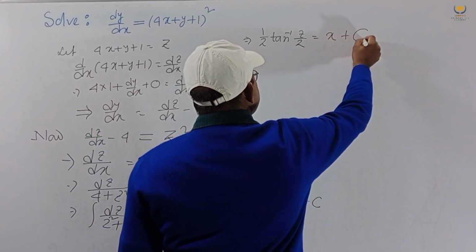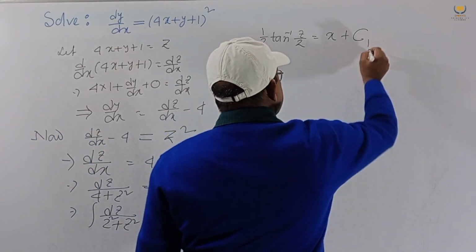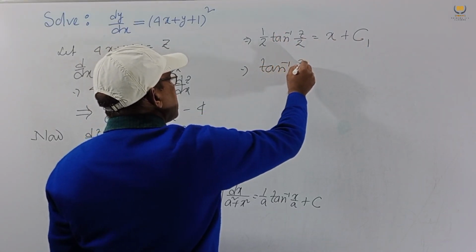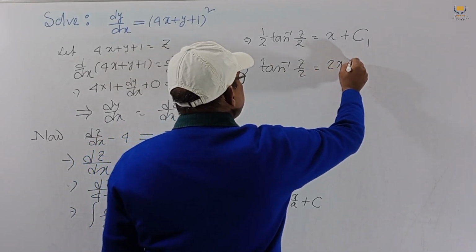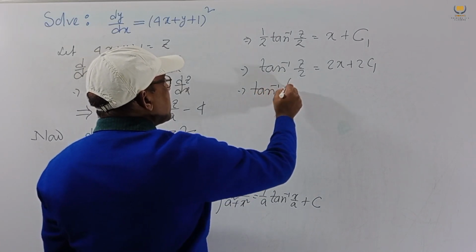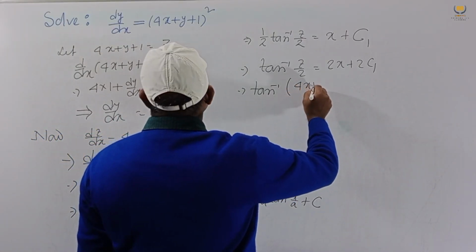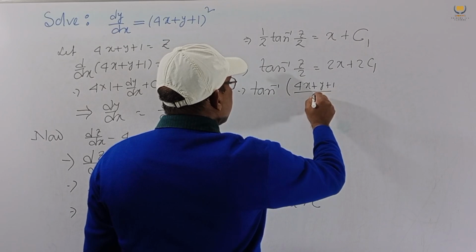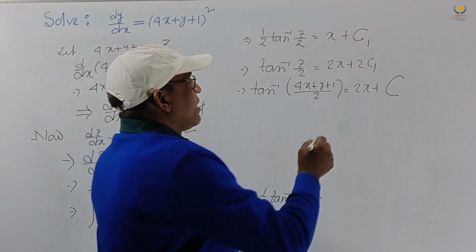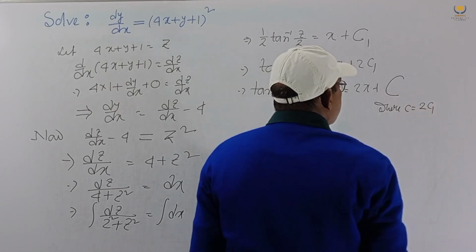means x plus c. We get this one, and we consider c1 first, and multiplying both sides by 2, we get tan inverse z by 2 equal to twice x plus 2c1, and putting the value of z, 4x plus y plus 1, tan inverse of (4x plus y plus 1) by 2 equal to twice x plus C, where capital C equal to 2c1.